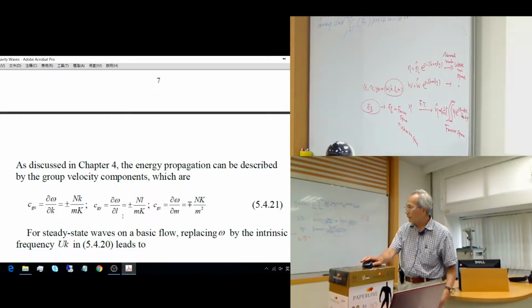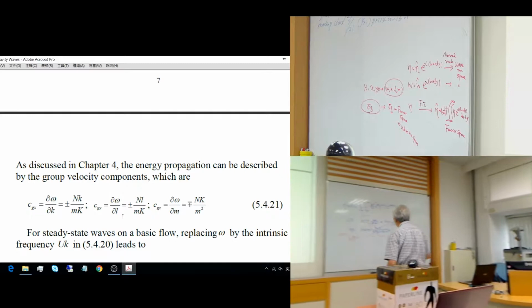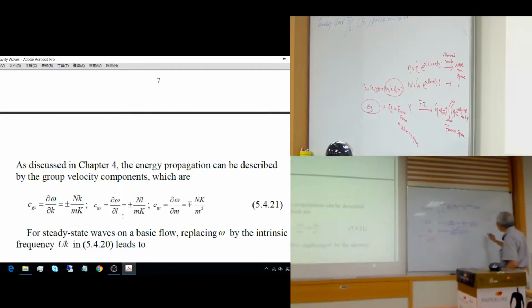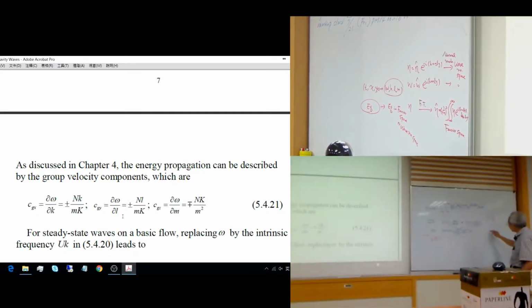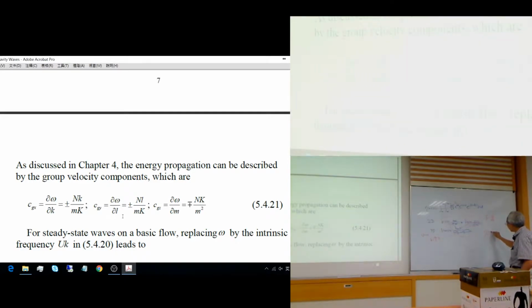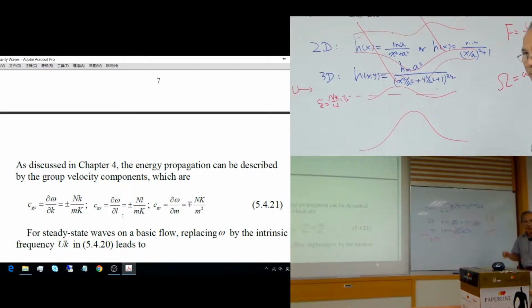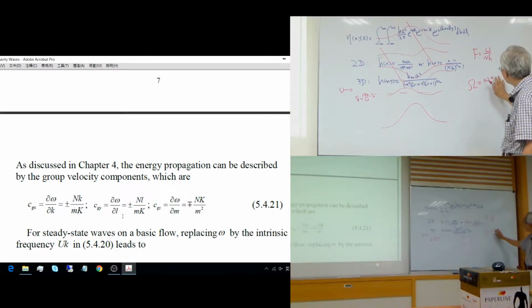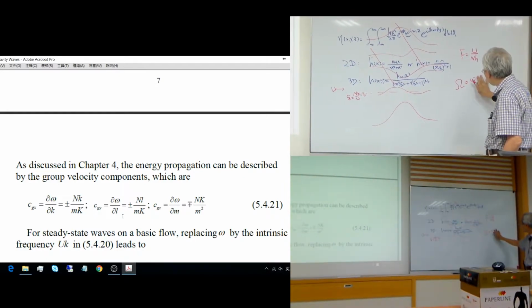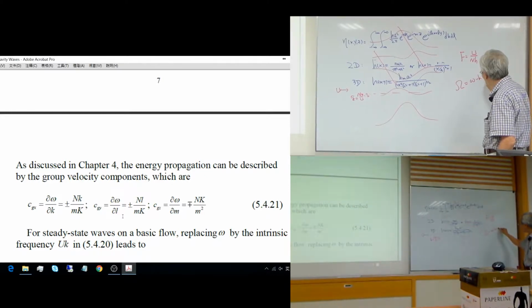And then if we are talking about steady state flow, then we have this capital omega equals small omega plus what? Anybody remember that? Probably minus Ku.